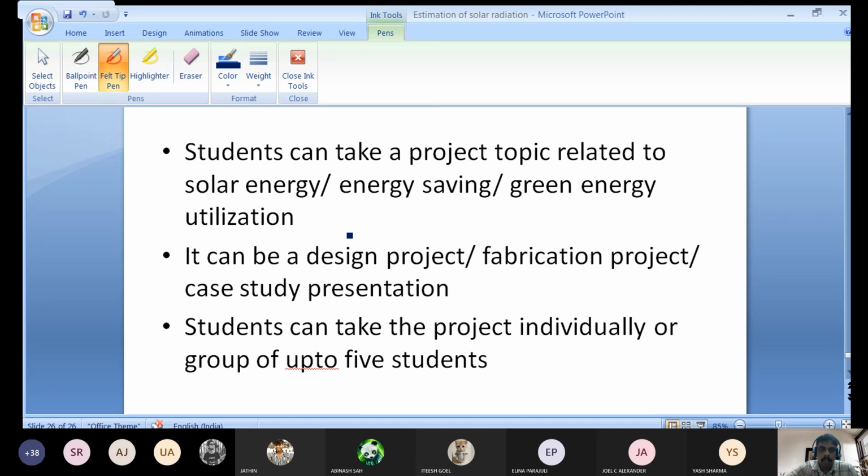Design a project means, suppose you want a charging station for a two-wheeler. Nowadays electric two-wheelers are coming up very big. So if you want to have a charging station using solar PV, how many panels can you use, how much calculation, how many scooters can be charged in a day.